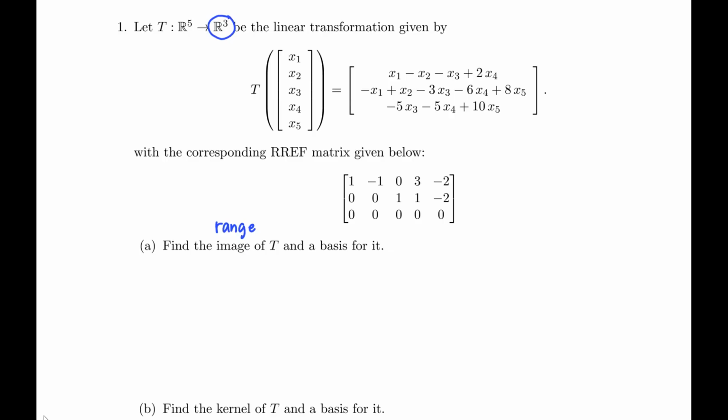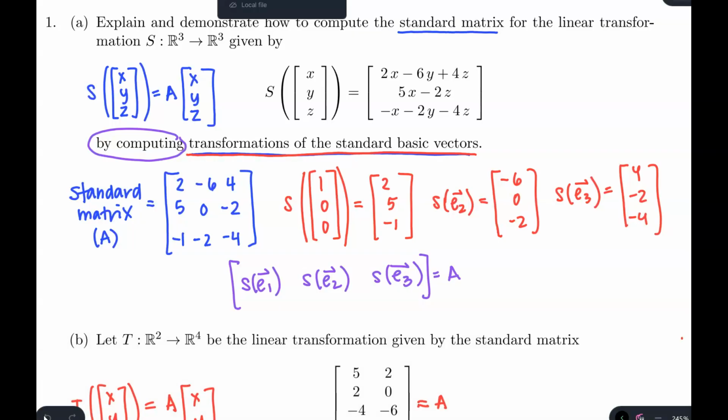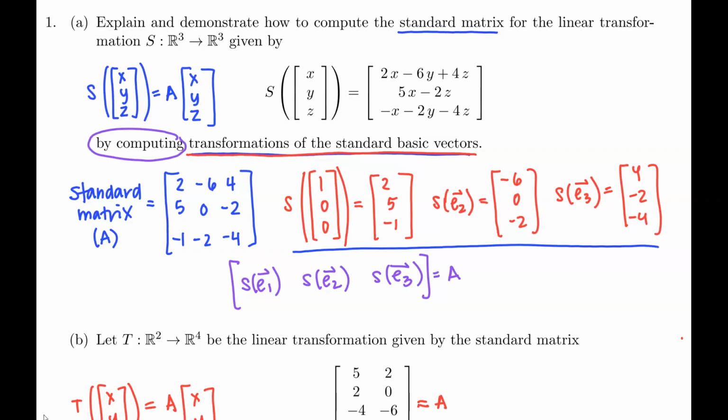Now, range, as we talked about, is really just saying, look, that set of, what do we call them? Linear transformations of our standard basis vectors. If we go back to that previous idea here of these transformations of our standard basis vectors, we realize that we're just talking about linear combinations.